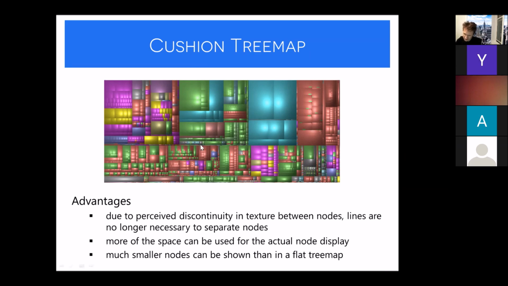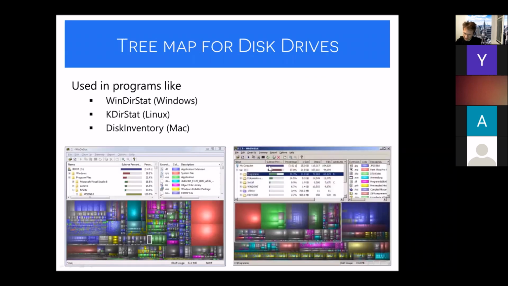And that undoes some of these problems, because no longer do you have lines, and you can really see individual things quite nicely. So it's a nice way of computer graphics trying to overcome some of the problems that basic information processing creates.